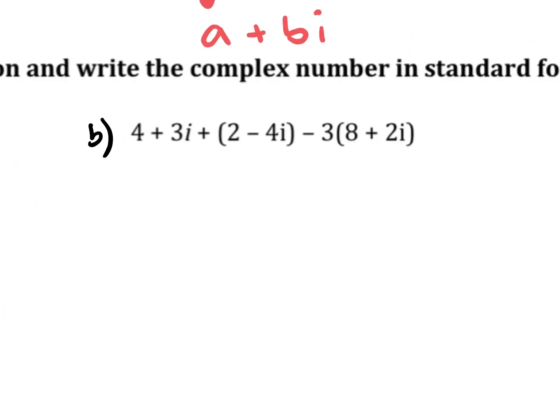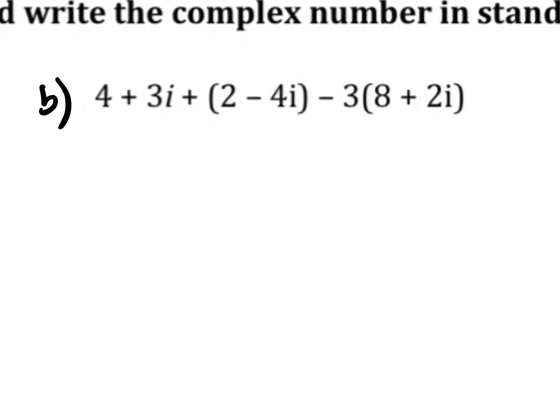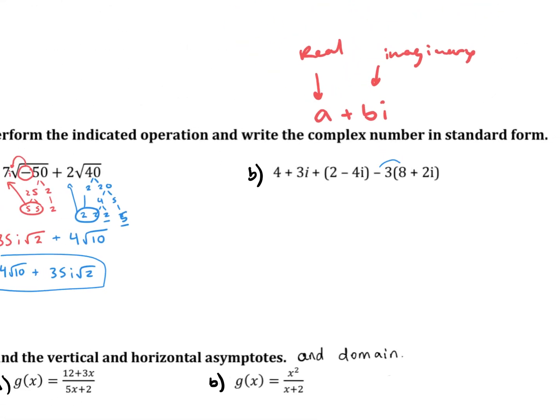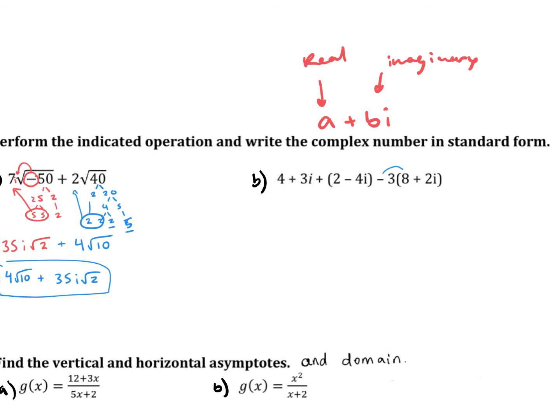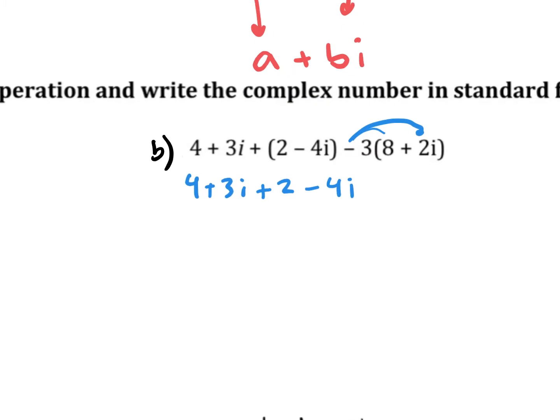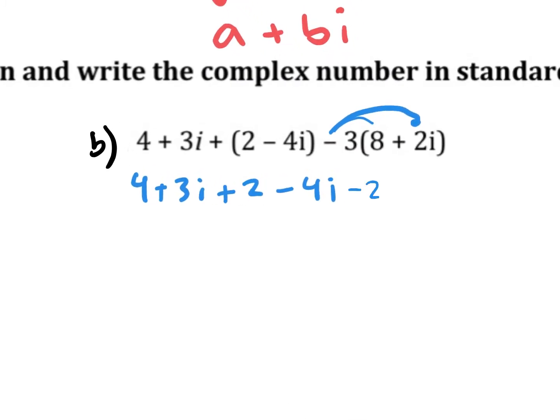All right, let's look at B. So I need to combine all my like terms. First thing I need to do is distribute. So negative 3 times 8 would be negative 24.